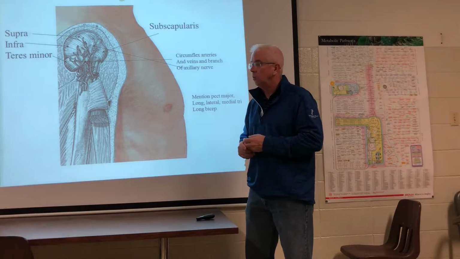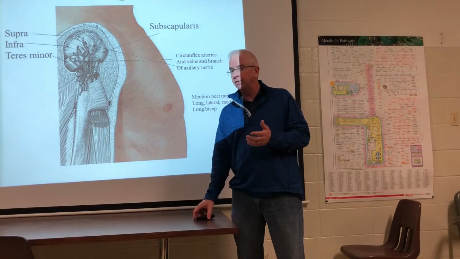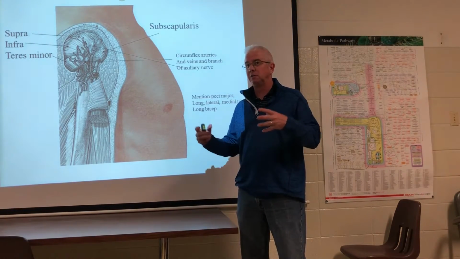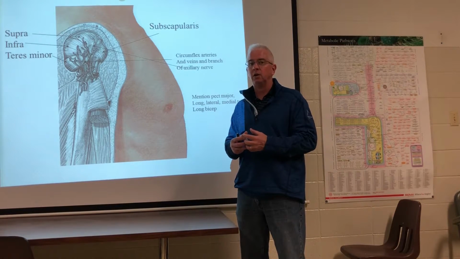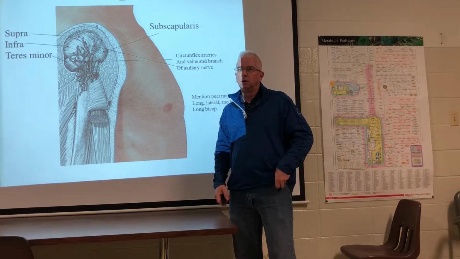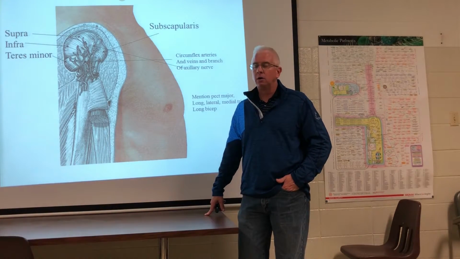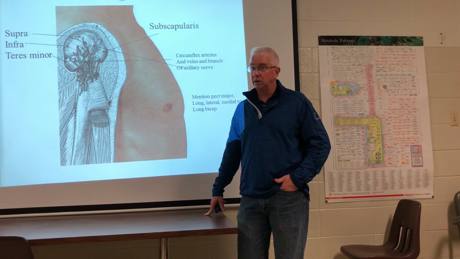Okay, now, what else would you know if these are the three attachments from the scapula over to the humerus holding it in place? Where is there something blatantly missing? So if my arm is abducted, where is the support missing?